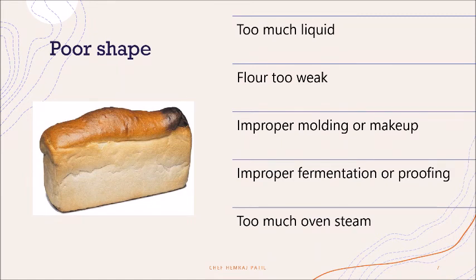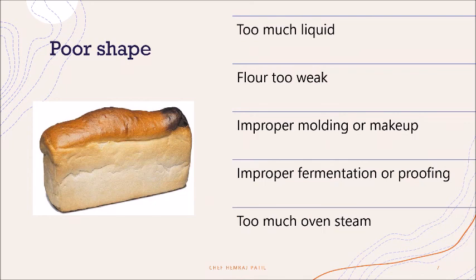Fermentation is a stage after the dough is formed, we keep that for some time. If the dough is not kept for enough time for fermentation, and after makeup, if the dough is not rested for enough time, it will have an adverse effect on the shape of the bread.